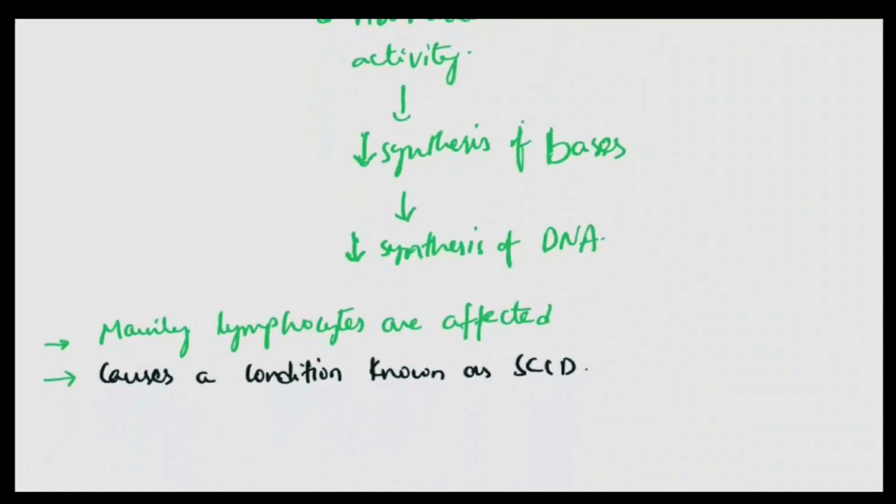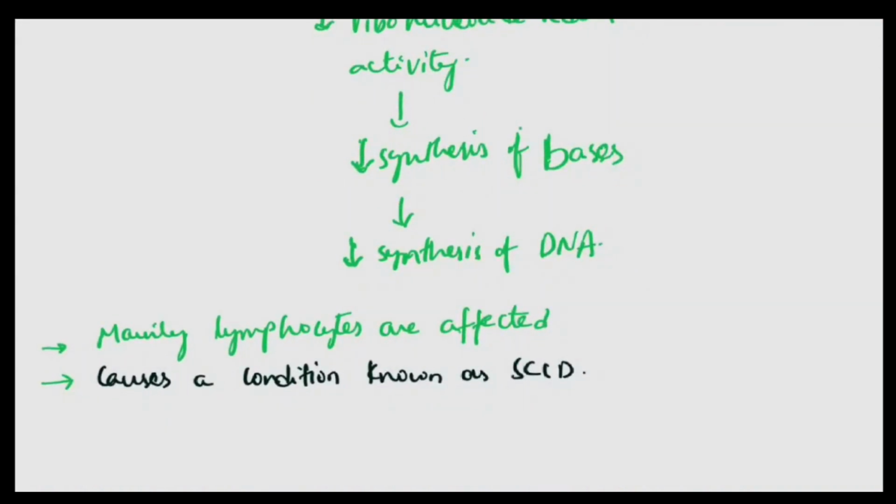So ADA deficiency is mainly seen in lymphocytes, because lymphocytes are actively replicating cells. They need to replicate every day. For replication, you know that DNA is required. Because there is decreased synthesis of DNA in ADA deficiency, mainly the lymphocytes will get affected. If new lymphocytes are not formed, there will be deficiency of lymphocytes.